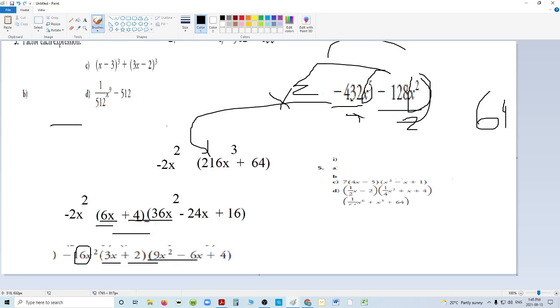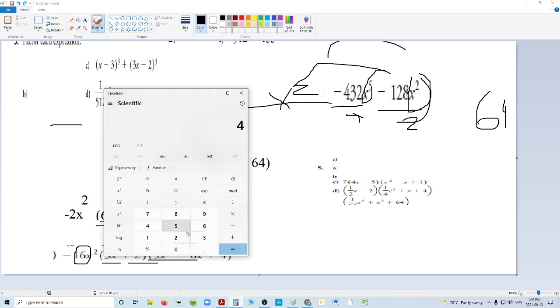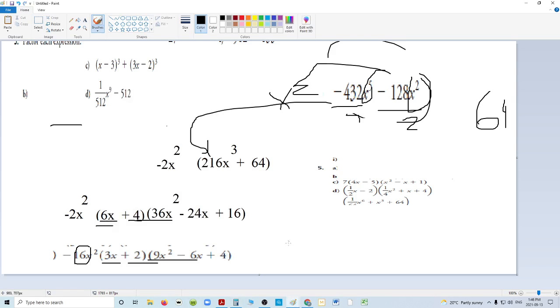Yeah. So right here, had I instead taken out minus 16, 432 would have become 27, and 128 would have become 8.